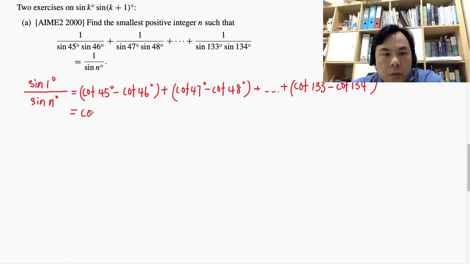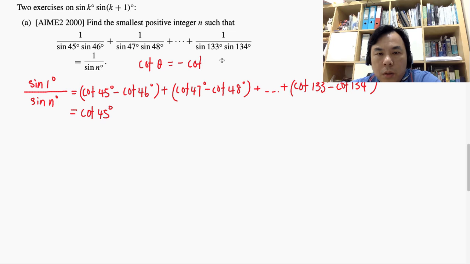So take for instance, we're going to make use of the complementary rules, whereby cotangent theta here is the same as negative cotan 180 minus theta here.